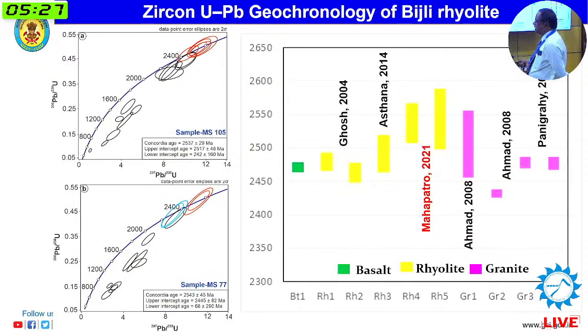This yellow part is mostly for rhyolites, the blue and green is for basalts, and this pink is mostly for granites. This is Dongargarh, and these are from Malanjkhand. So we can see there is a pattern here. Previously they have mostly reported a Paleoproterozoic age, but maybe it is late Archean.